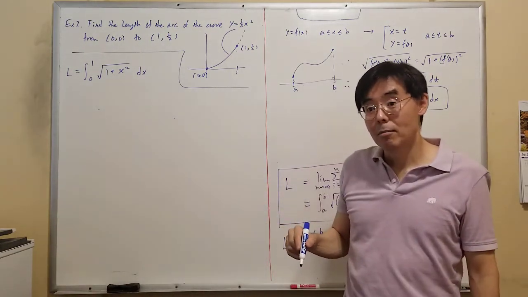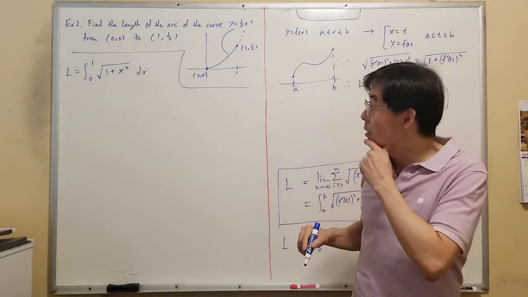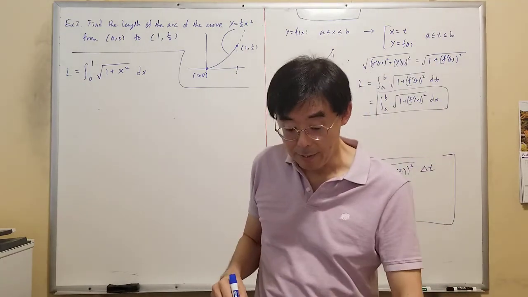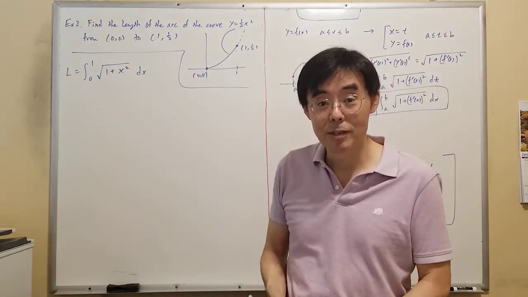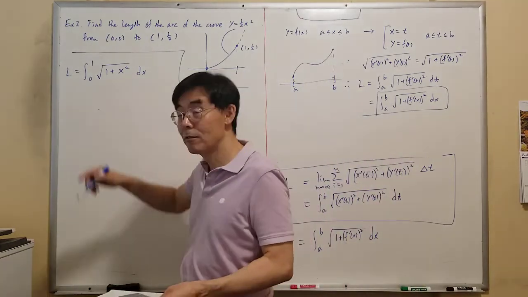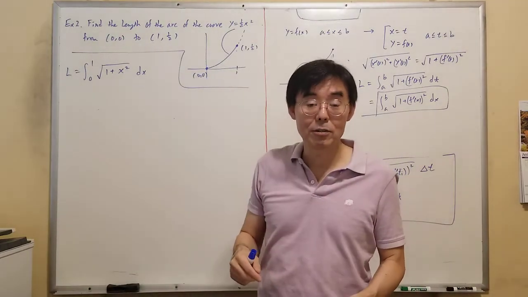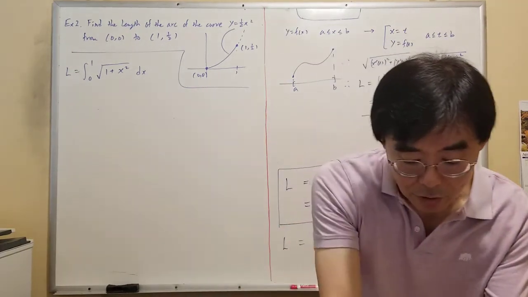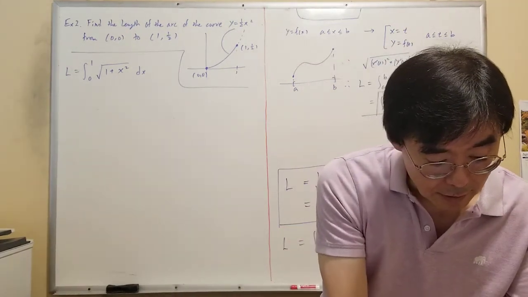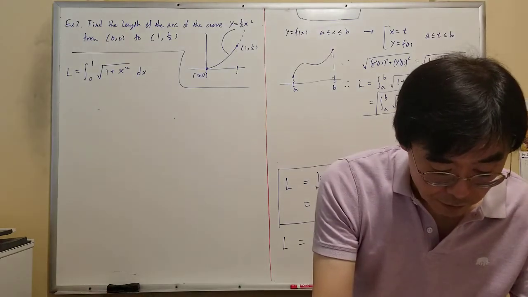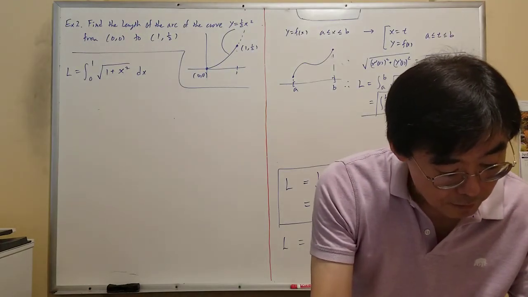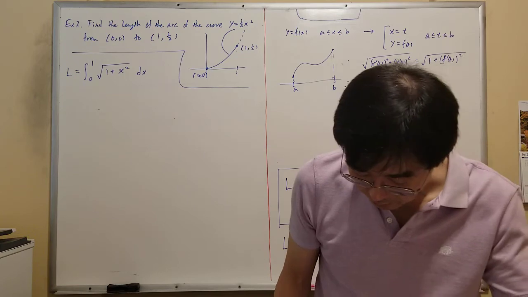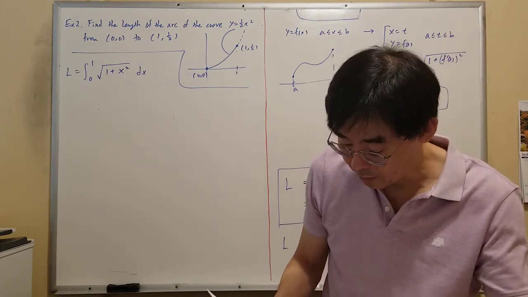This is more complicated than you think, but that is possible. That's why you have a result. You have the antiderivatives in the integral table at the back page of your textbook. Okay, so that is number 21 actually.